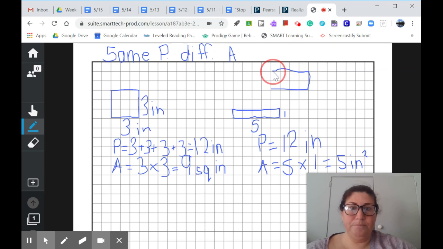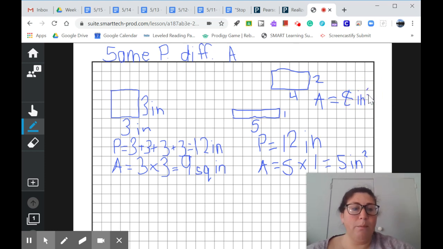And another 4, then final 2. So then this would be 4 and 2, and 4 plus 2 is 6, plus 4 is 10, plus 2 is 12. So that perimeter would be the same also, a perimeter of 12. And then the area is 4 times 2, which would equal 8 inches squared.